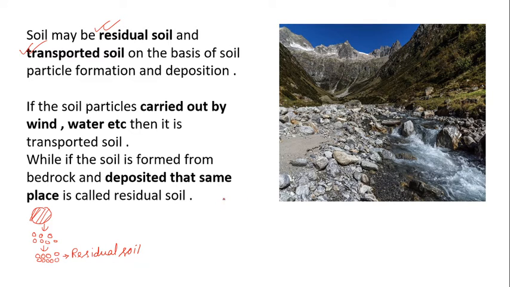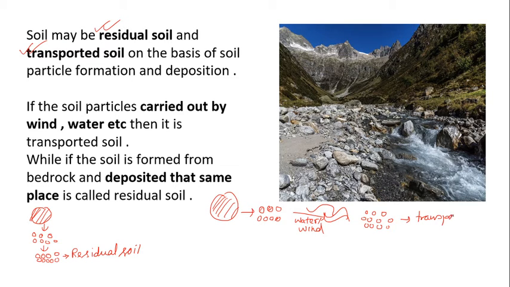But if this rock particle is first fragmented to form small soil particles and then transported by either wind or water, and moves far from its original place and is deposited there to form soil, then it is called transported soil.